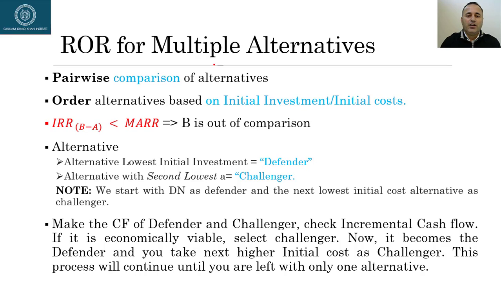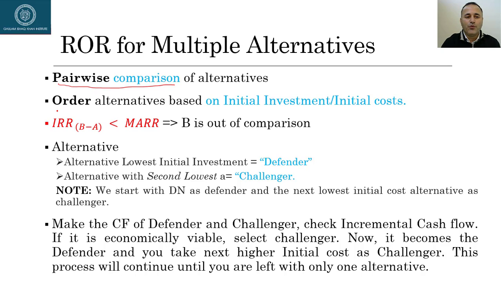So we learned about the incremental cash flows of two alternatives and their IRR. Now, what happens if I have more than two? As I said, even if we have multiple alternatives, more than two, we still do pairwise comparisons.